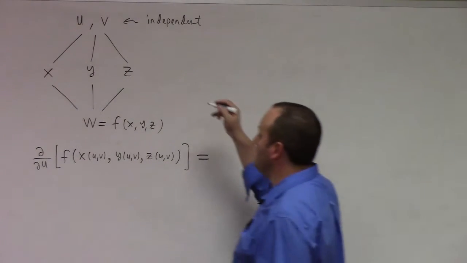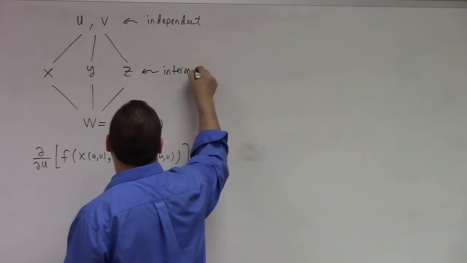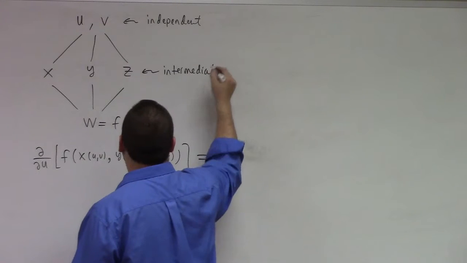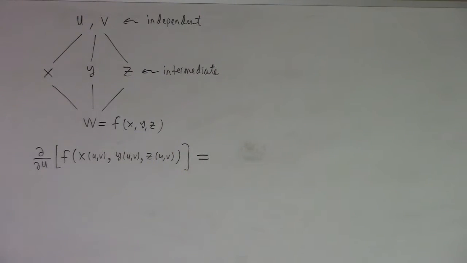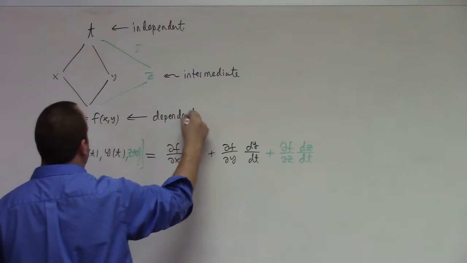So these are so-called intermediate variables. They're in the middle. The bottom one is dependent. The z is the dependent variable here. Oops.